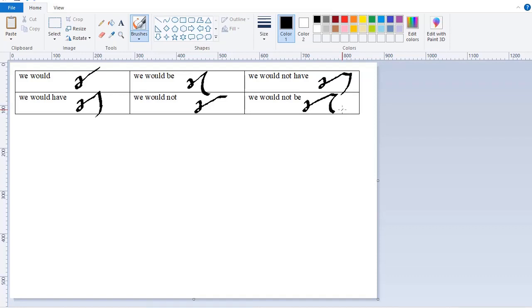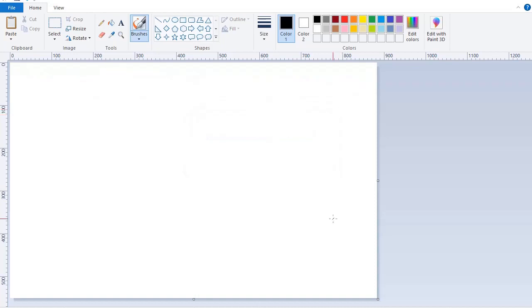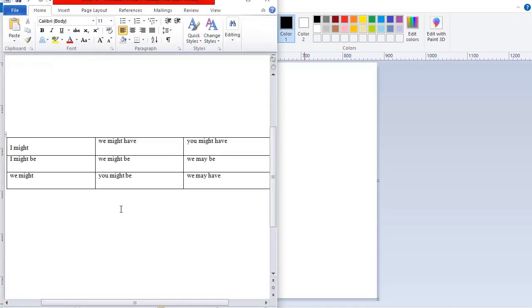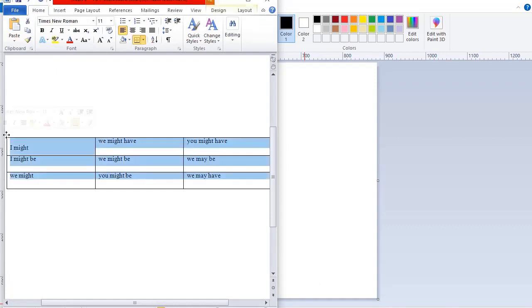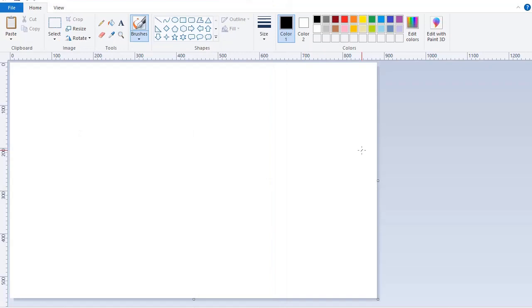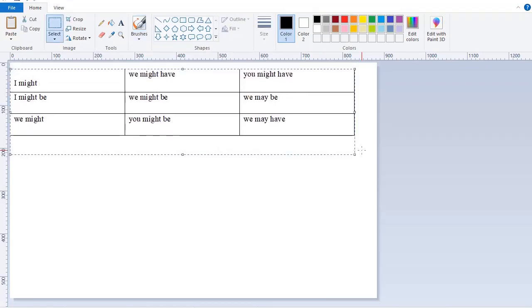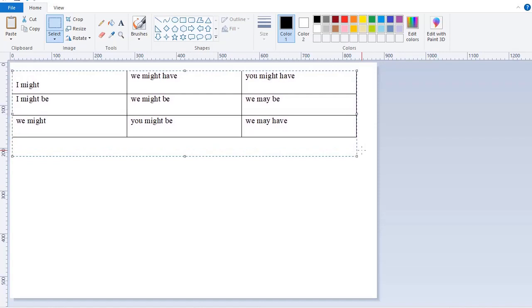Okay, so now, done. Let's move on to our last set of phrases, which are the "may" and "might" phrases. Okay, phrases. So, I might.